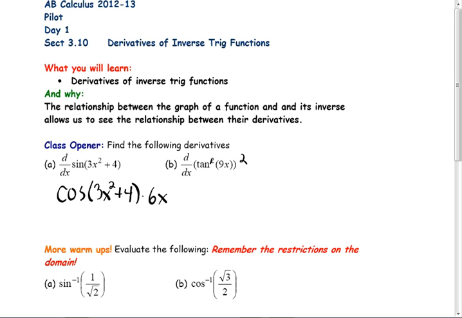So the derivative is, first you do the derivative of the squared. So it's the tangent of 9x, then times the derivative of tangent, which is secant squared. If you want to do this, you may. Doesn't matter. Derivative of 9x is 9.